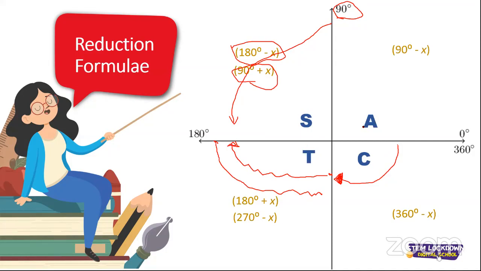So at this point, A stands for all, which means all angles are positive in quadrant 1. S stands for sine, meaning only sine functions are positive in quadrant 2. T stands for tan, meaning all tan functions are positive in quadrant 3. And C stands for your cos, meaning all cos functions are positive in quadrant 4.